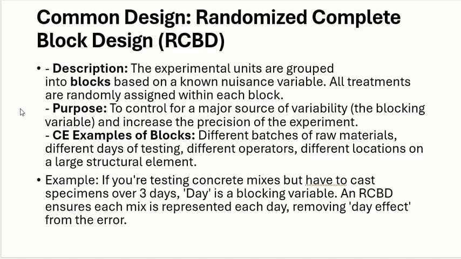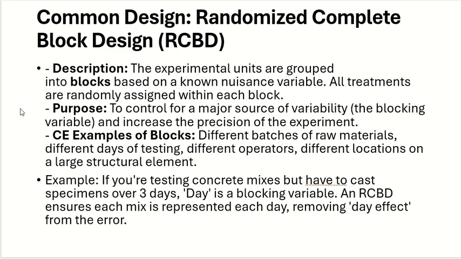No, I cannot do this. Can I say all members must be tensile? I cannot do this. So I will do what? Make them blocks. So in those cases where the nuisance variable cannot be completely made equal, then we divide them into blocks. And then all treatments are assigned randomly within the block. Within the block there is a treatment which is assigned.